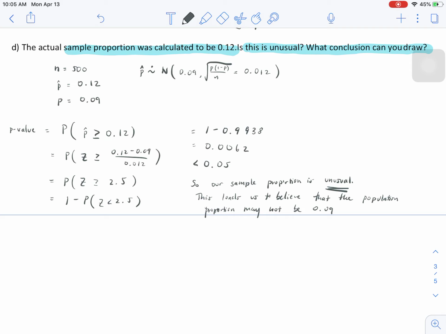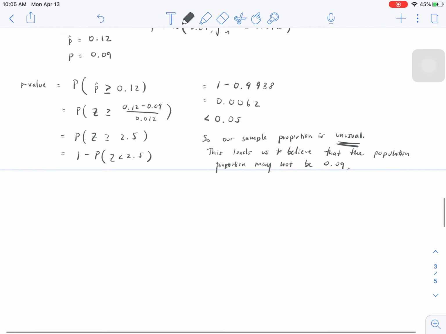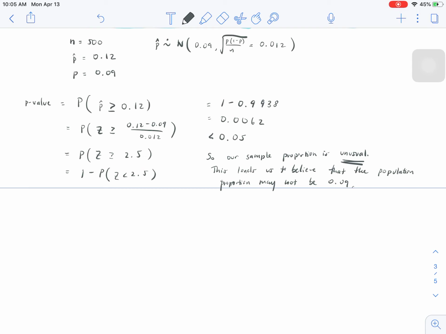So the population proportion is probably not 0.09 if we can observe a very unusual sample proportion. So that's how we conclude that the sample proportion is unusual using the p-value approach.